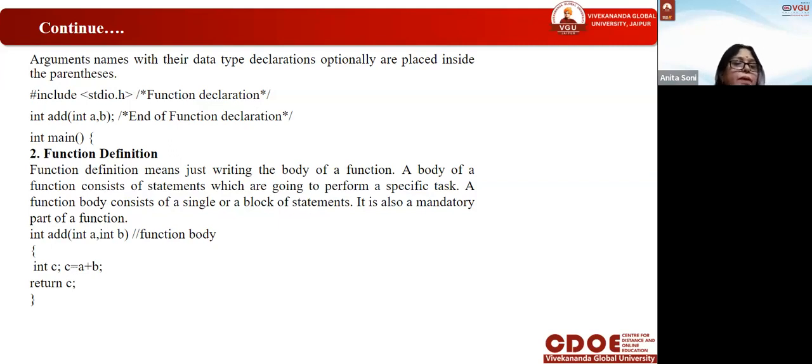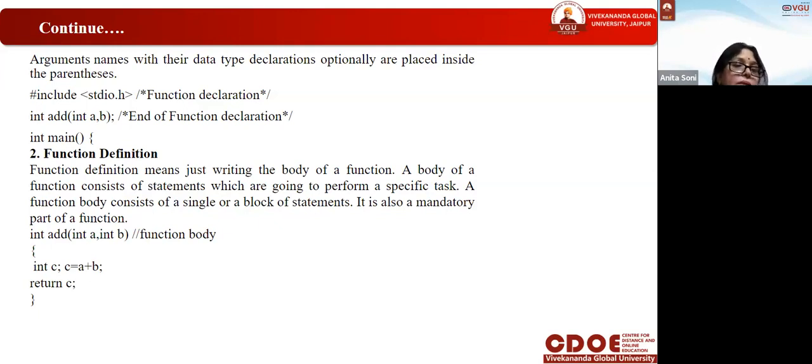And second is function definition. In function definition we are writing the body of the function, whatever you want the function to do. For that specific action, the body will contain the statements, and that specific task will be executed by the function.